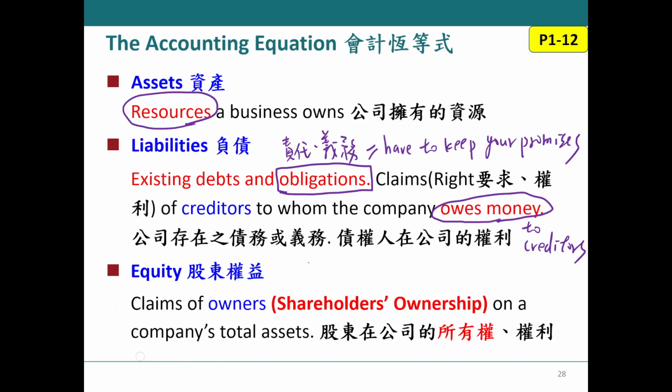Shareholders' rights in the company. 股东在公司的权利有多少？Okay?